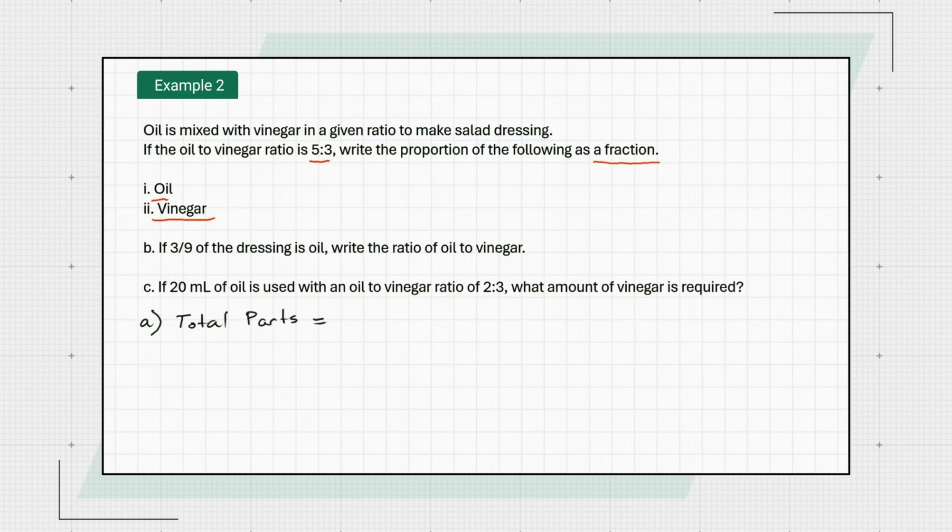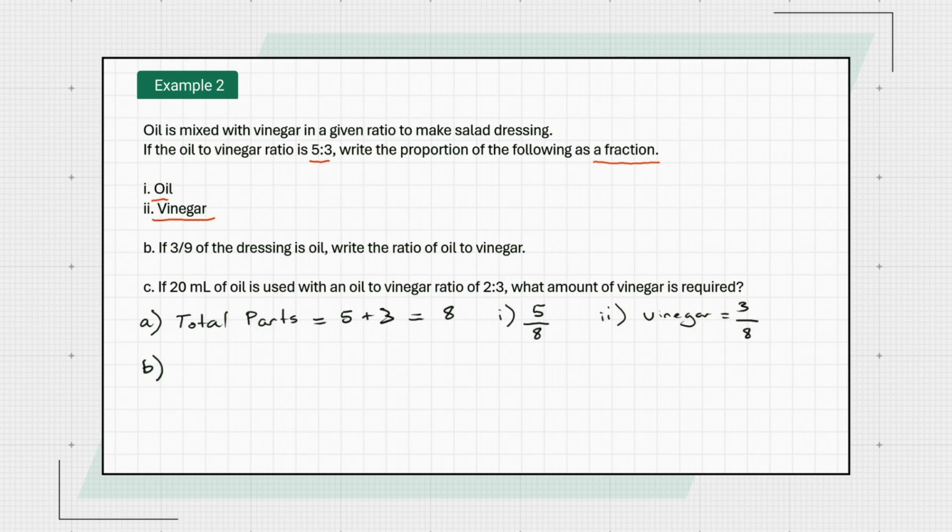The total parts is going to be equal to both of these sides of the ratio added together, so 5 plus 3, which is equal to 8. So 8 total parts. Now, the oil is 5 parts, so it's 5 of this group of 8 parts in total is oil. And for vinegar, it's the remaining 3 parts of 8.